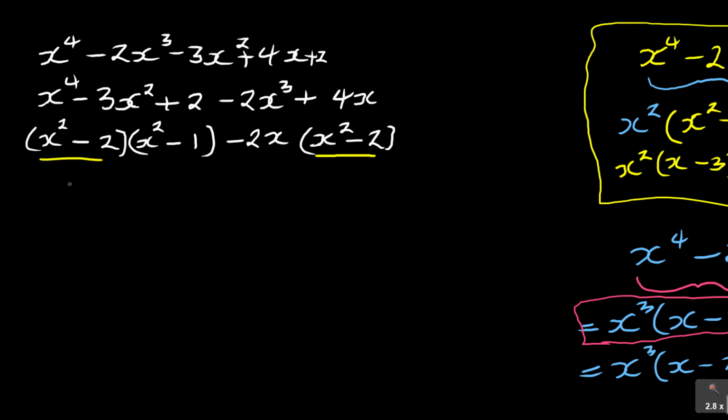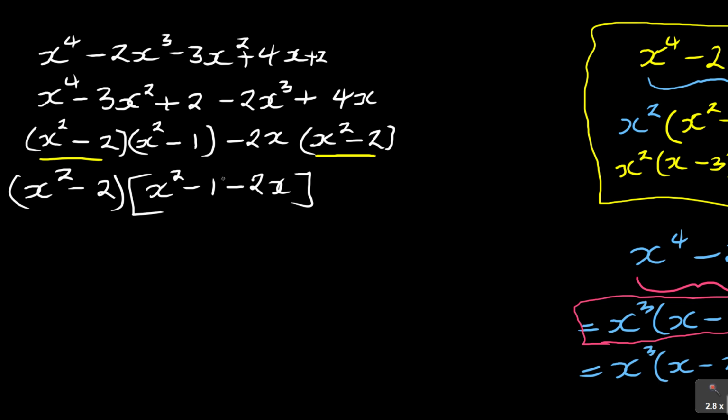So when you work on that, you factorize it out, which is x squared minus 2. Okay, so what is left inside? You are left with x squared minus 1 minus 2x. Right, getting that?